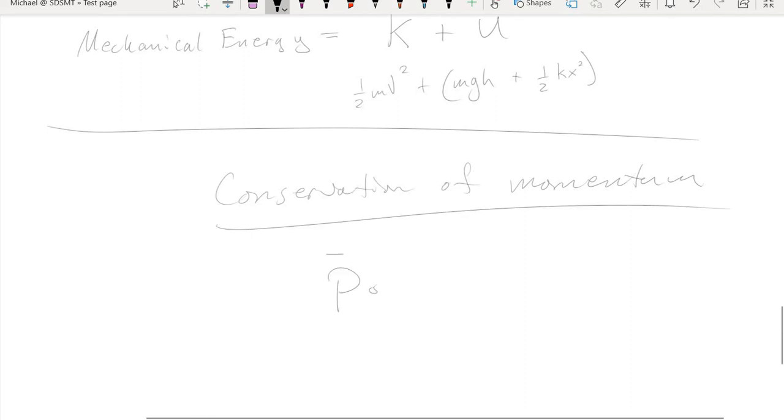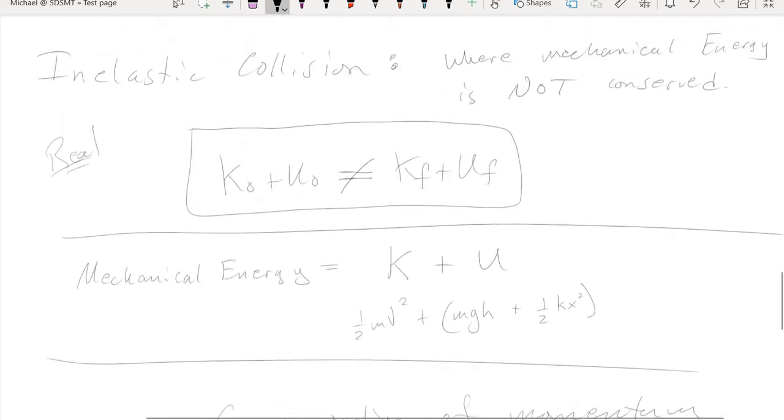because conservation of momentum doesn't care about what form your energy is in. Conservation of momentum is going to be true regardless of the type of collision that we have.